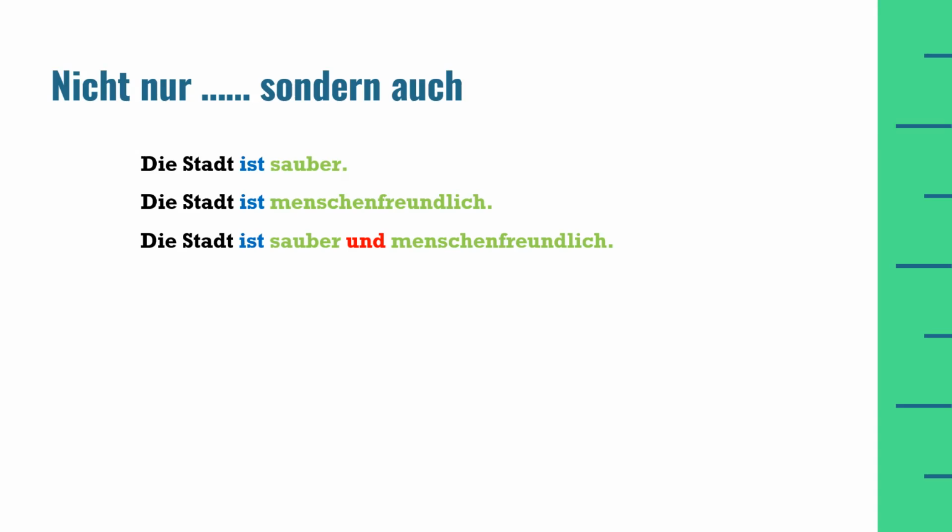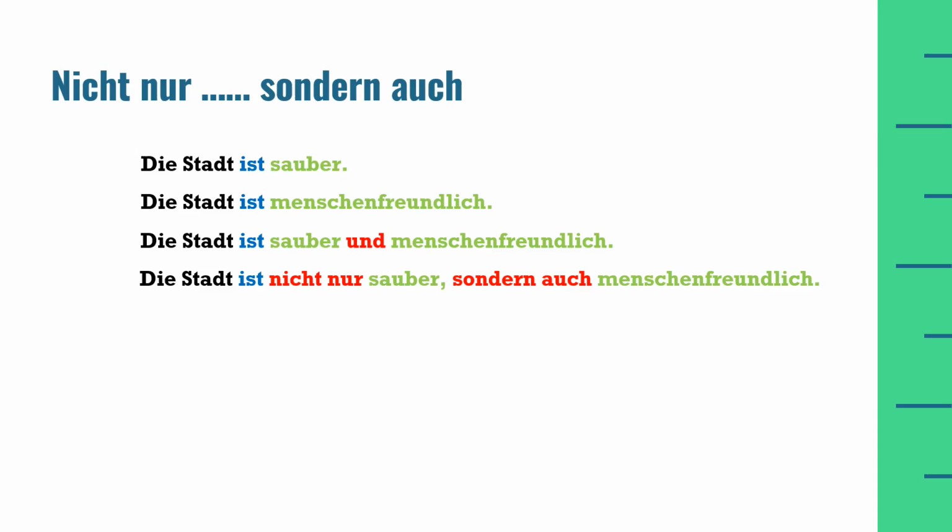Now, there is another way of saying this sentence, and that is with the help of nicht nur, sondern auch. So if we want to use nicht nur, sondern auch, then the sentence will look like Die Stadt ist nicht nur sauber, sondern auch menschenfreundlich. The city is not only clean but also people friendly.